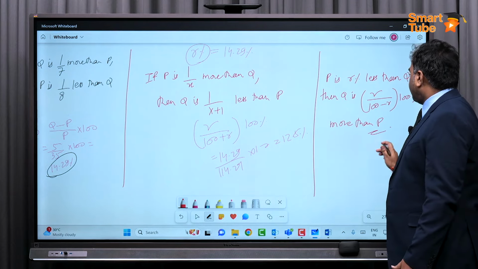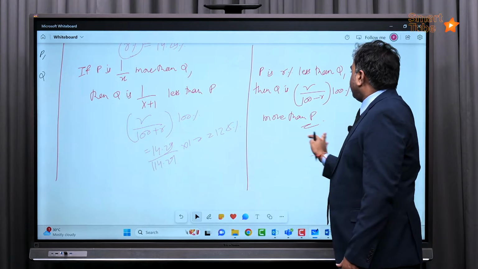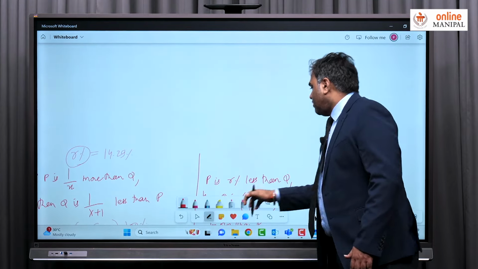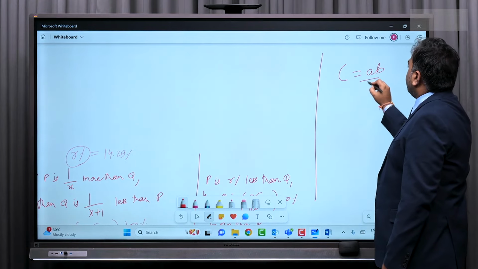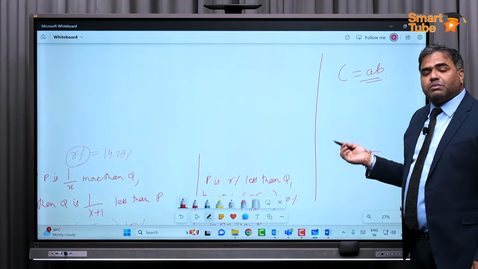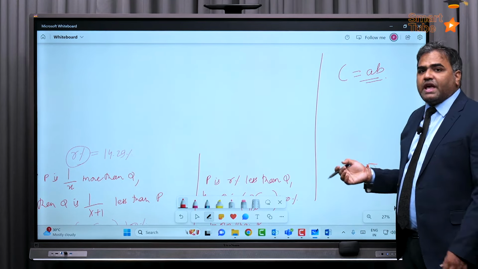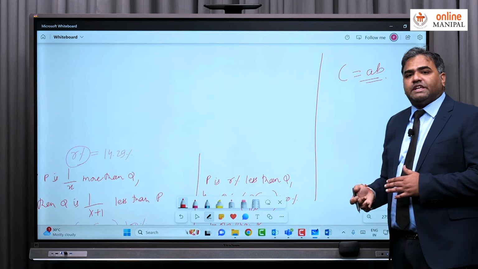So when you are working in maths, if C is equal to A into B, and A and B are inversely proportional, you can follow this logic. If they are not inversely proportional, A is also changing, B is also changing, then what would be the percentage change?